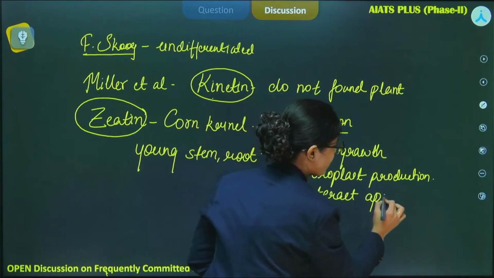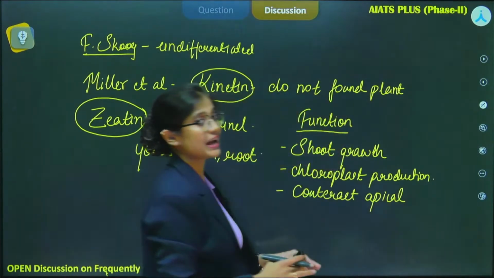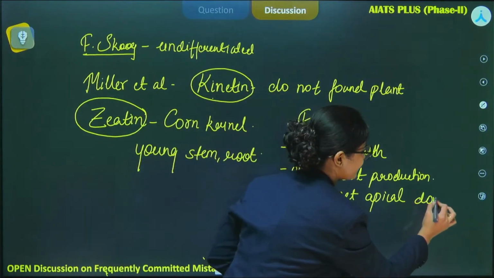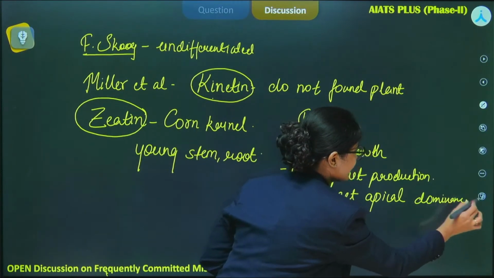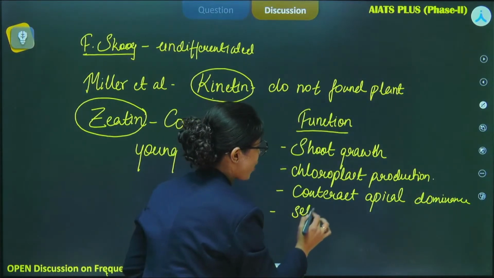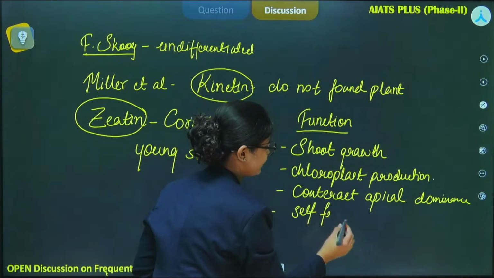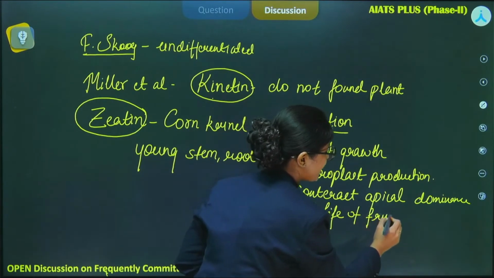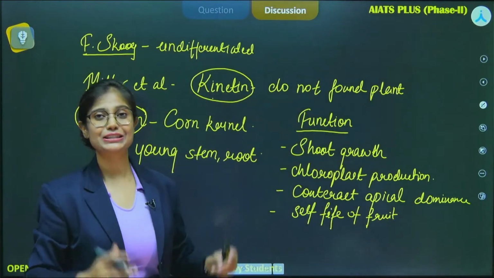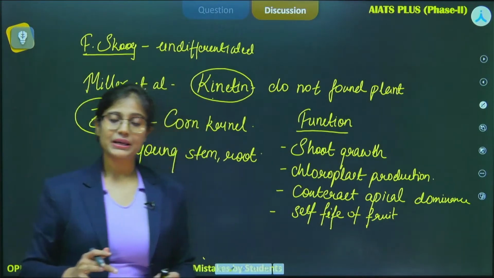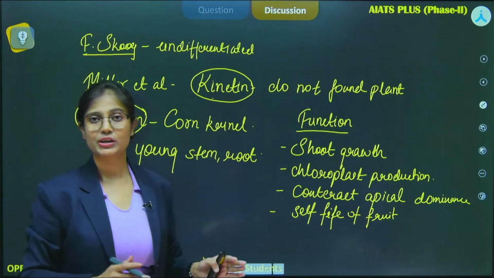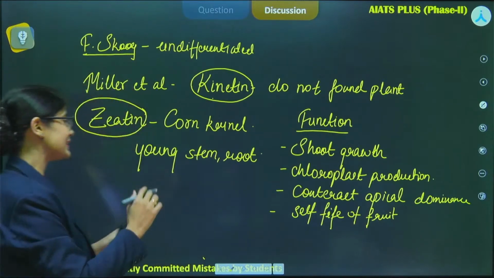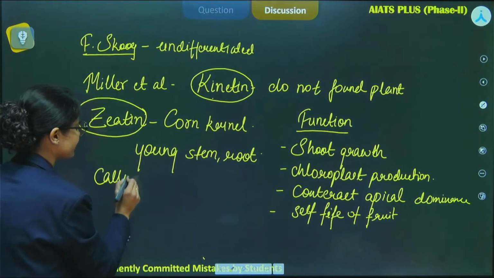Right? What do you understand by apical dominance? That means the apical bud is not allowing the formation of lateral buds. It also helps in increasing the shelf life of fruits, and in delaying the senescence of the plant. If we talk about the application, it is used in tissue culture. If the concentrations of auxin and cytokinin are equal, it will lead to the formation of callus.